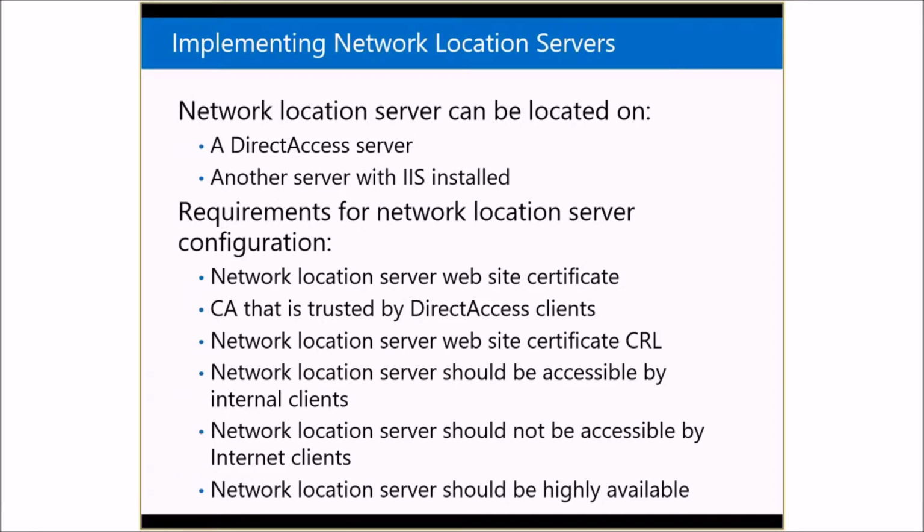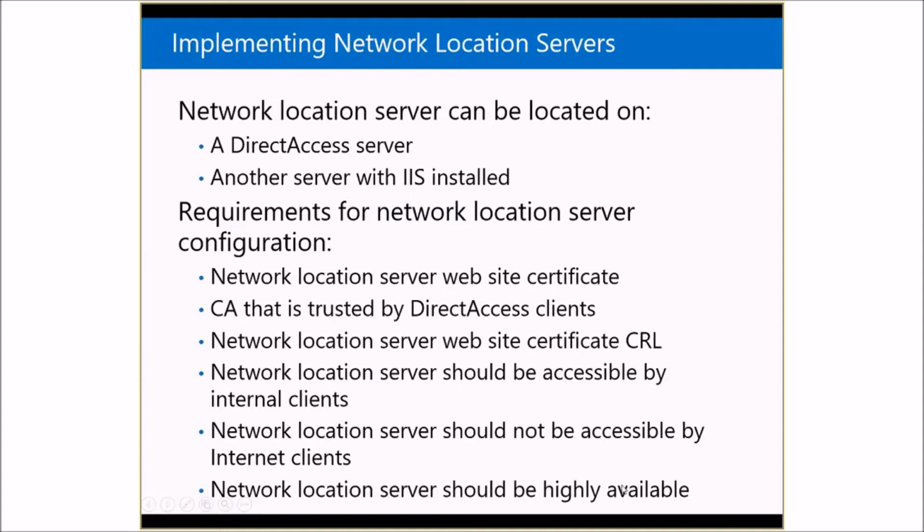When you're implementing network location servers, it can be located on the DirectAccess server or on another server with IIS installed. Some of the requirements for the network location server are a network location website certificate, and a client certificate authority that is trusted by the DirectAccess clients. The network location server should be accessible by internal clients.